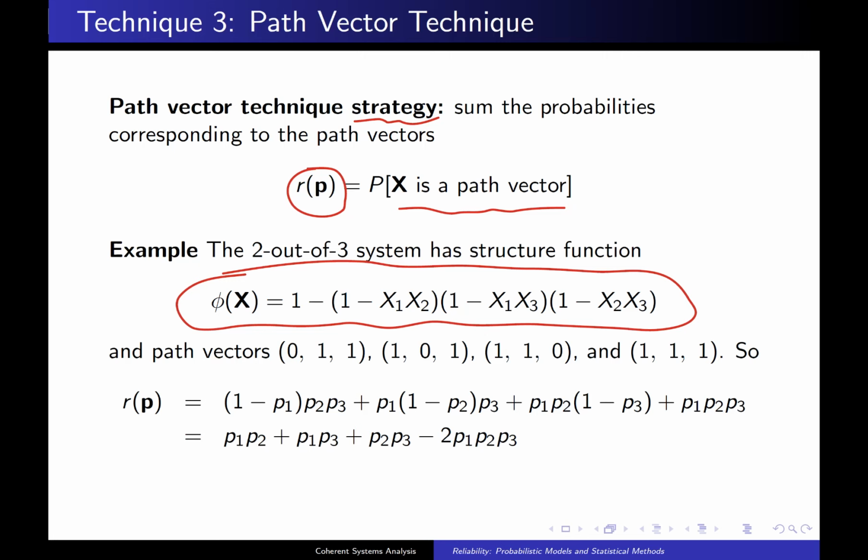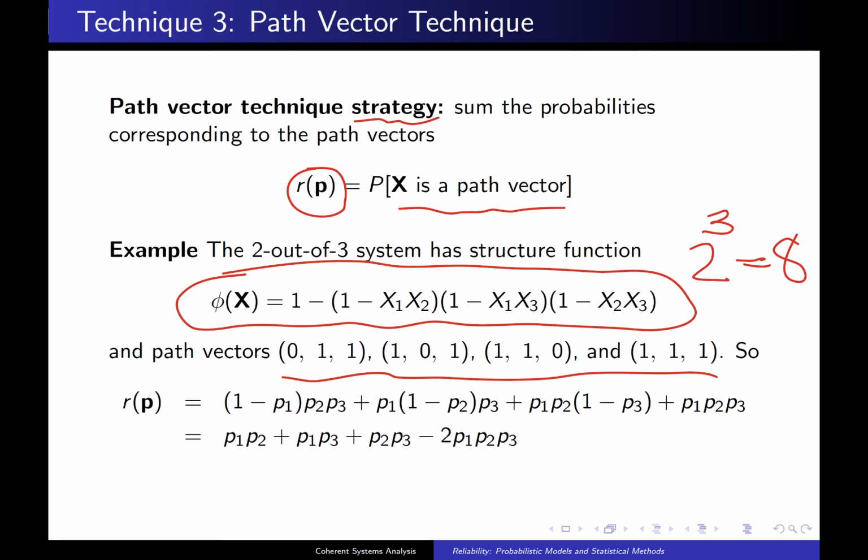There are a total of 2 to the third, or 8 possible system state vectors for this system. Of those 8, it turns out that exactly 4 of them correspond to an operating system. Notice that in all of those cases there are either 2 or 3 operating components.